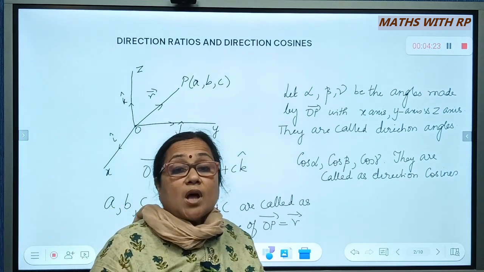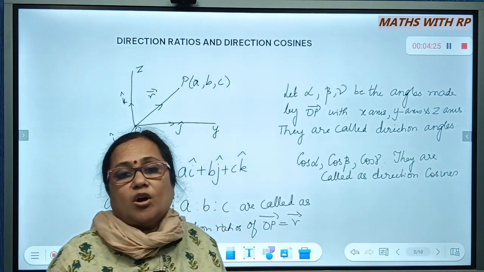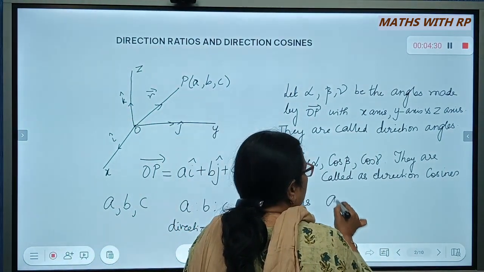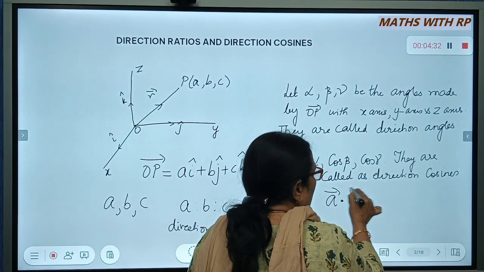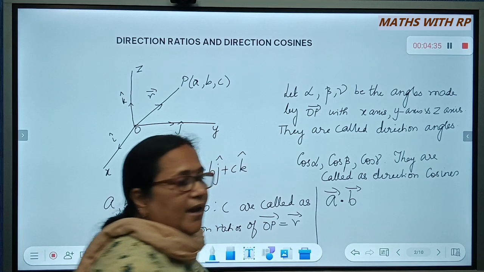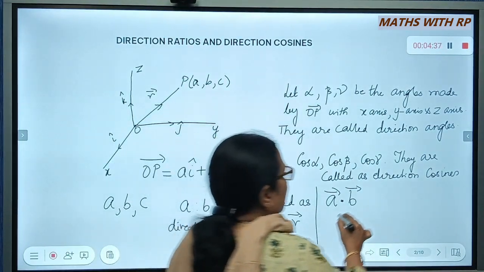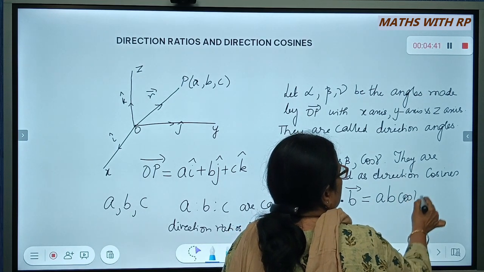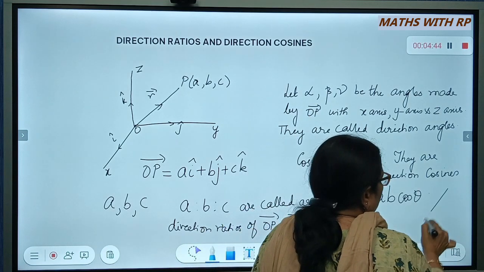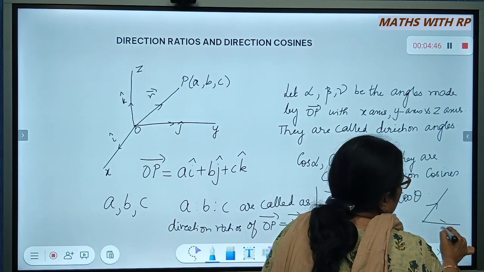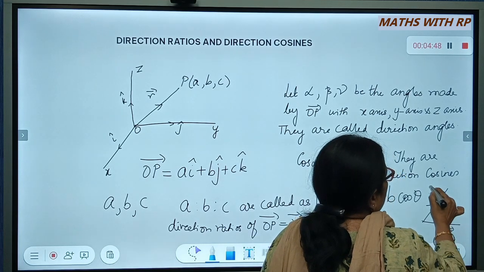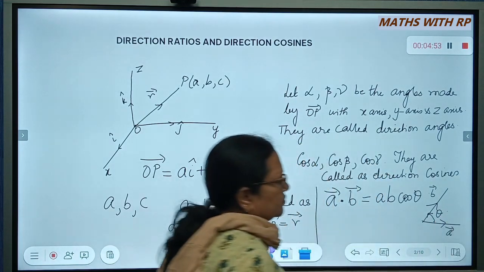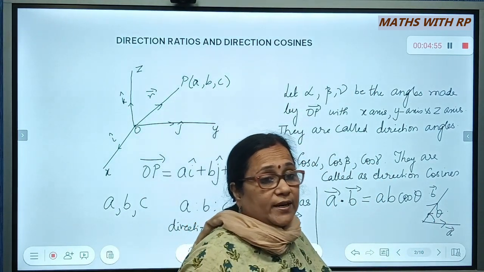The product whose outcome is a scalar is called a dot product or scalar product. It is called dot product because we use the symbol A dot B. A dot B is defined as AB cos theta. So suppose you have two vectors, A vector and B vector, and let the angle be theta from A to B, because we are talking about direction here.